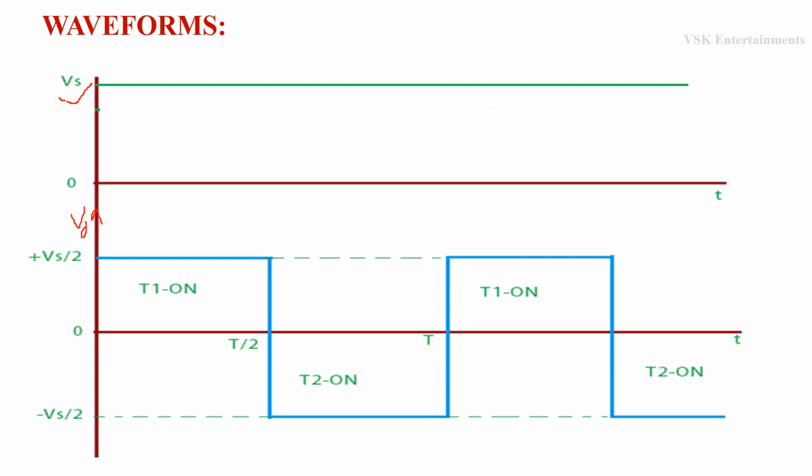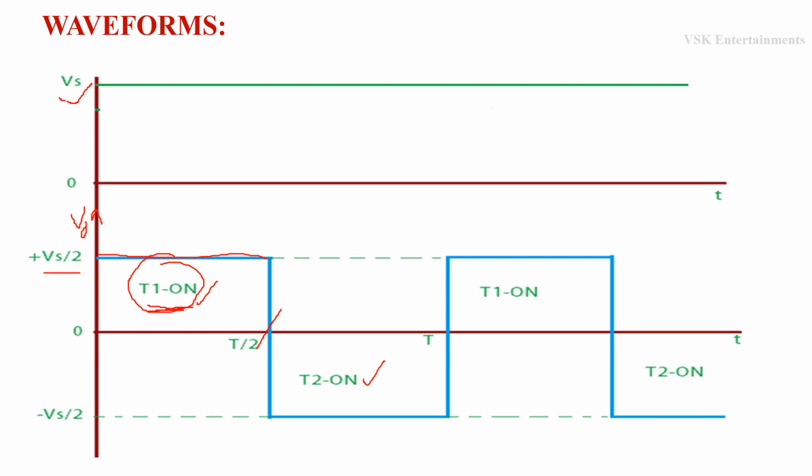Initially we are going to apply the gating pulse to thyristor T1, so thyristor T1 is in on state. Due to the conduction of thyristor T1, we get plus Vs by 2 as the output voltage. Again at t equal to T by 2, by using forced commutation we turn off thyristor T1 and apply the gating pulse to thyristor T2.